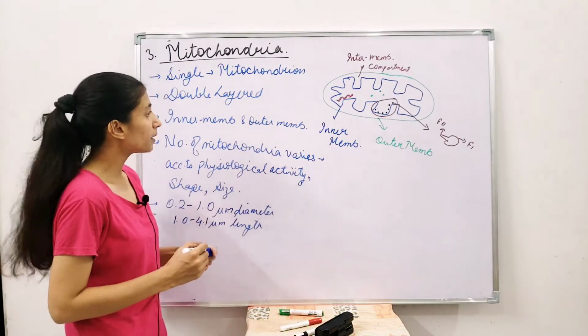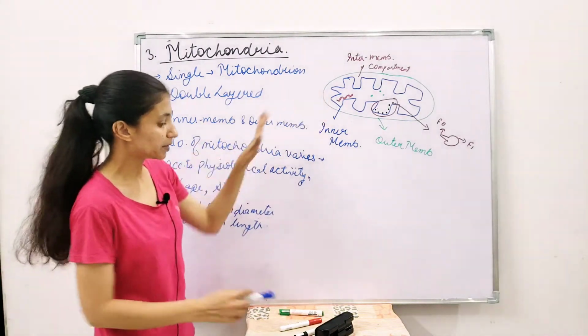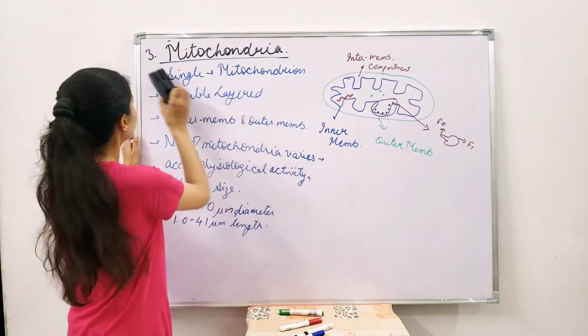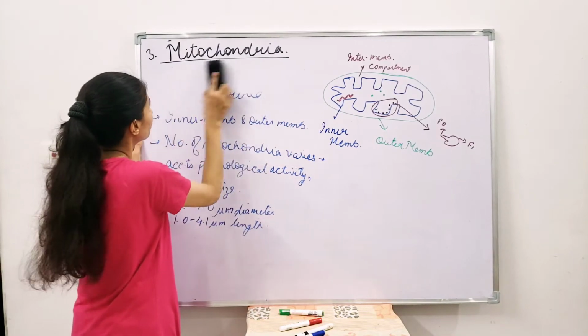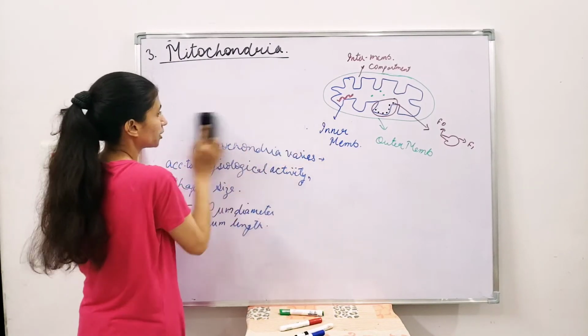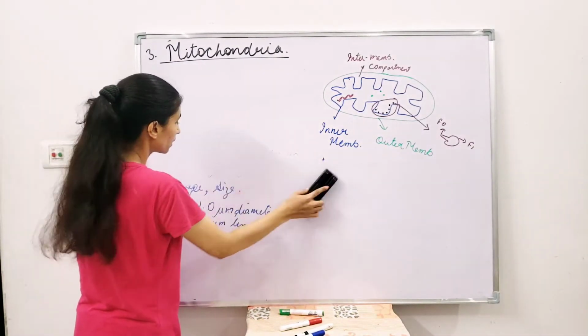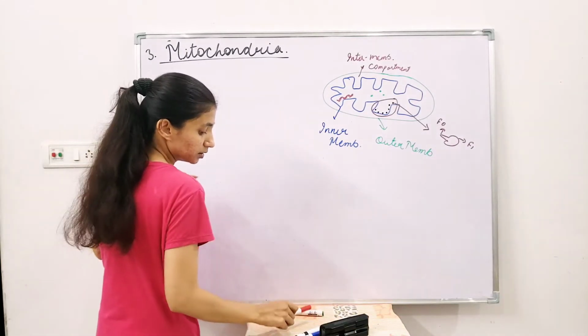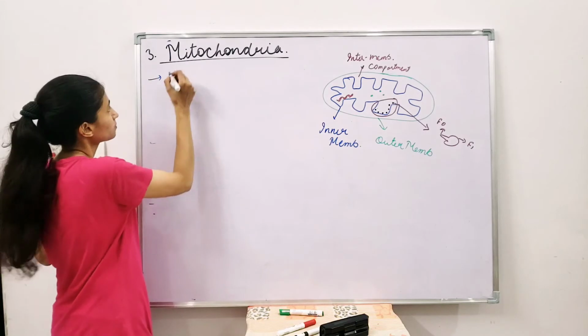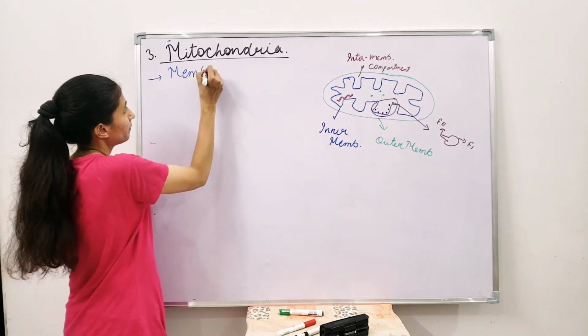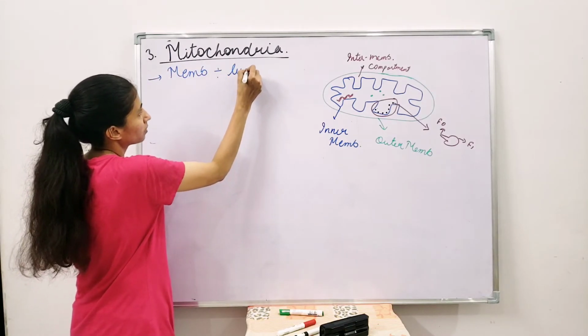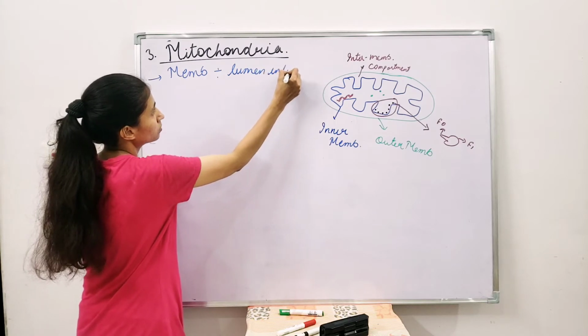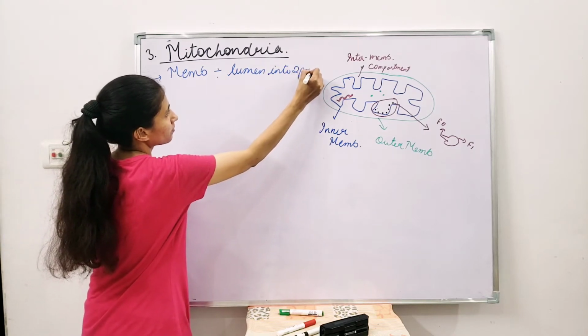Now talking about this double layered membrane of the mitochondria, it actually divides the lumen of the mitochondria into two parts, the inner compartment and the outer compartment.